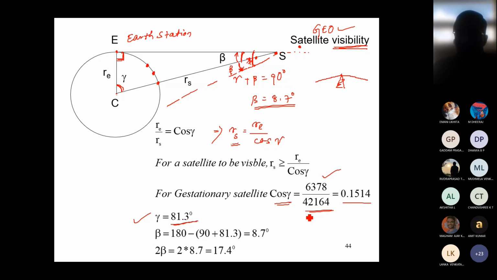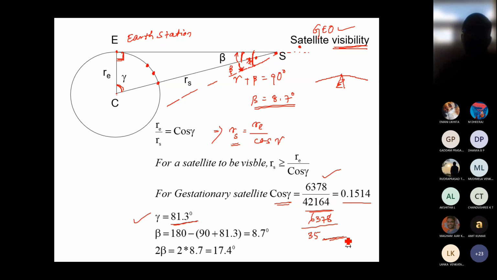If we subtract 6,378 from the value of 42,000, then you will get something around 35,000. And 35,000 or 36,000 approximately kilometers is the altitude at which the geostationary satellites are moving.